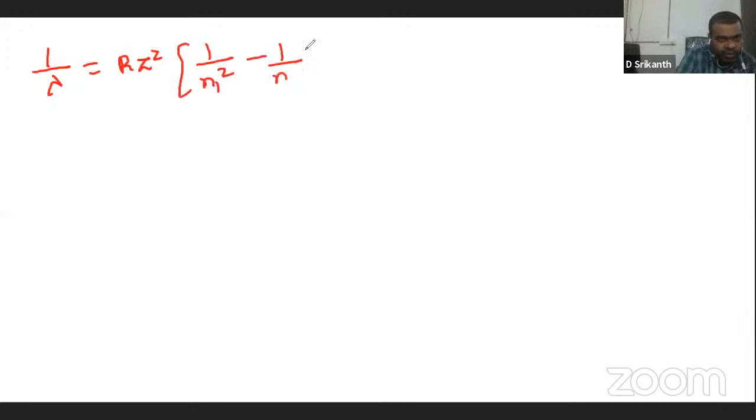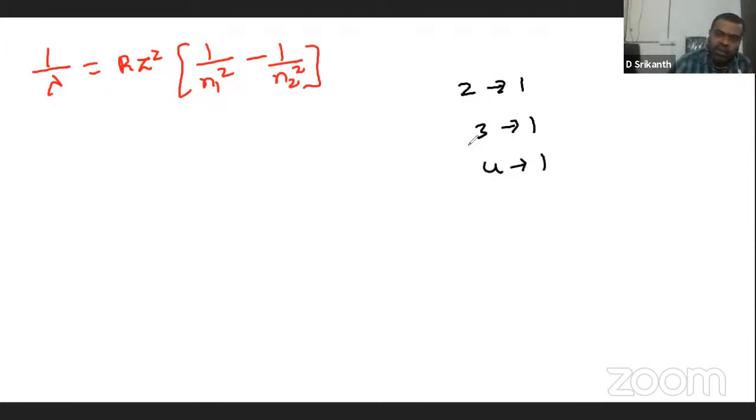Next, 1 by lambda equals R Z square times 1 by n1 square minus 1 by n2 square. That is, an electron is emitted from second to first orbit, or third to first, or fourth to first, like this.